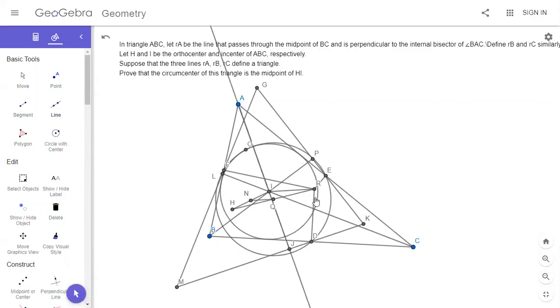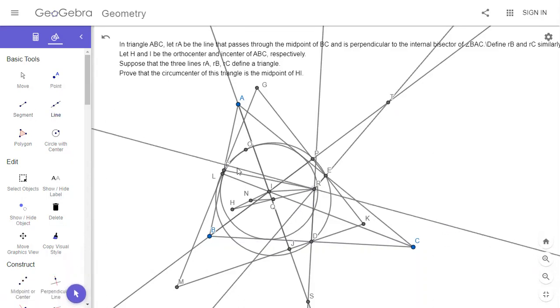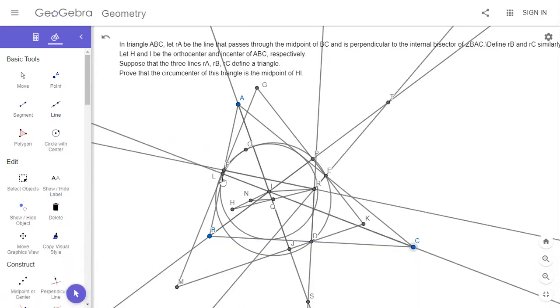So basically what Rodrigo is saying, S is one of the X centers, and then P is another X center, and then this is going to be the last X center. So S, T, and U are actually the 3 X centers.